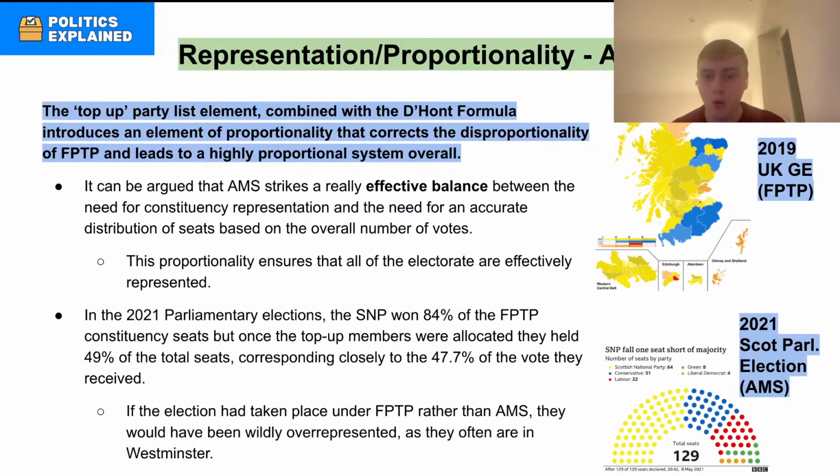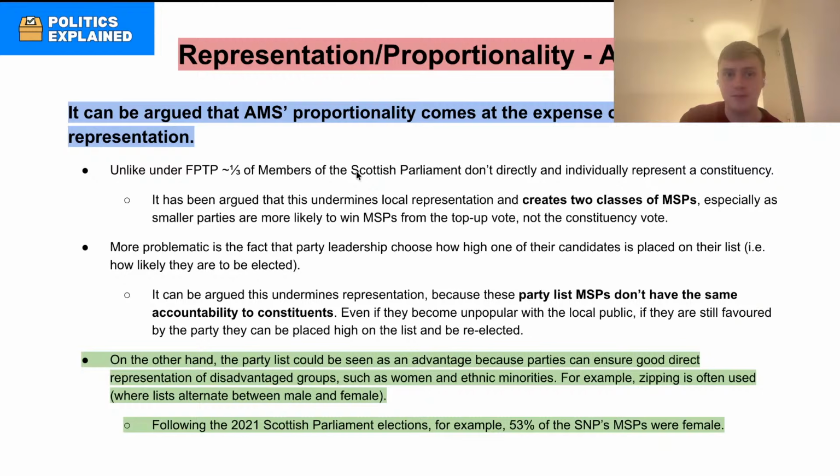A very proportional system, and that's how that top-up party list element corrects the lack of proportionality of first past the post in two ways. It reduces the winner's bonus, as shown here with the SNP, and it reduces the fact that first past the post harms minor parties by giving them more representation, leading to a very proportional system overall, using that D'Hondt formula.